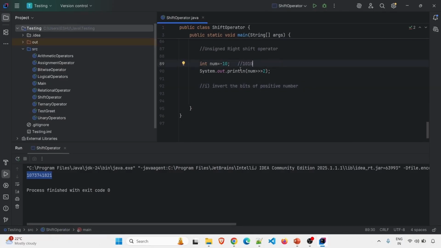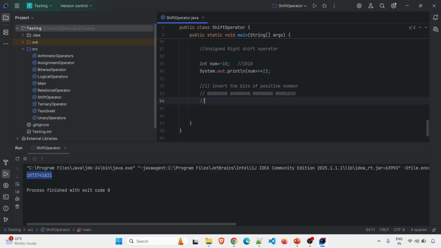This is the binary representation for number 10. Now I will invert all the bits, so we will take the 32-bit representation: 8-bit, 16-bit, 24-bit, and then 1010. This is the 32-bit representation for number 10.